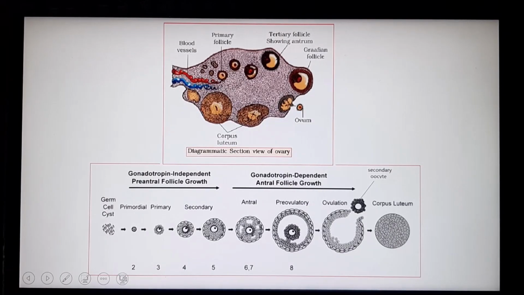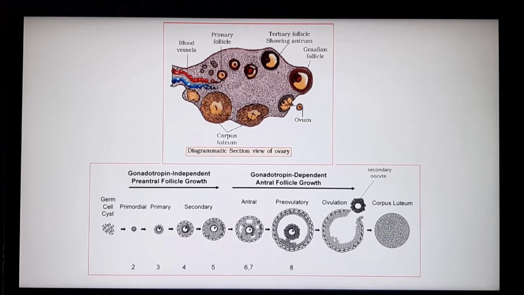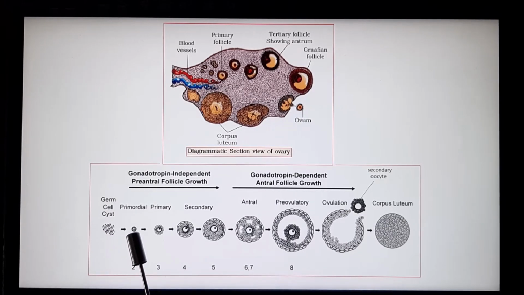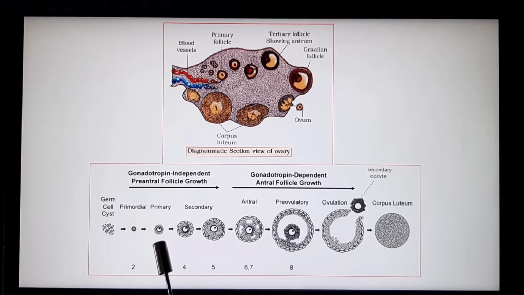Let us have a look at another schematic representation where the follicle cells are developing along with the ovum. This is the germ cell cyst, and from there the primordial germ cells are forming, and it forms the primary follicle.